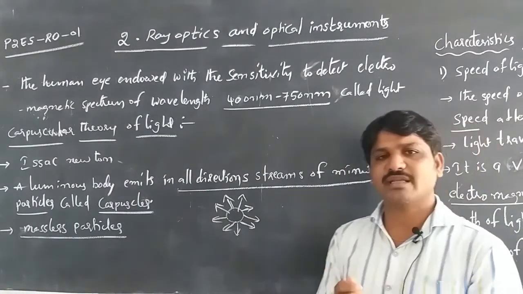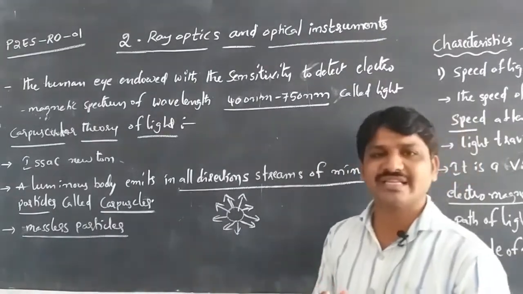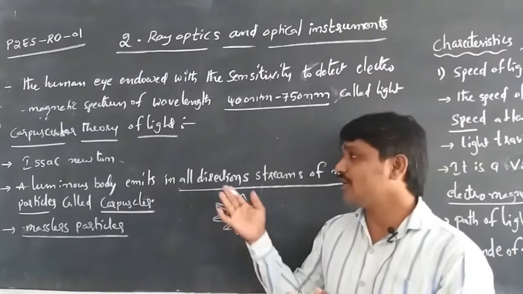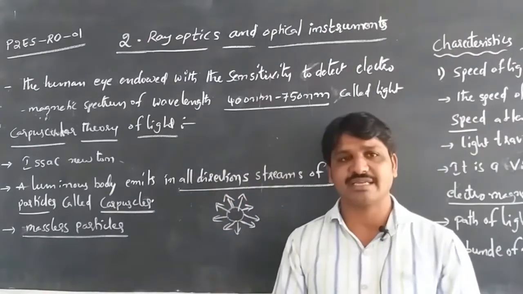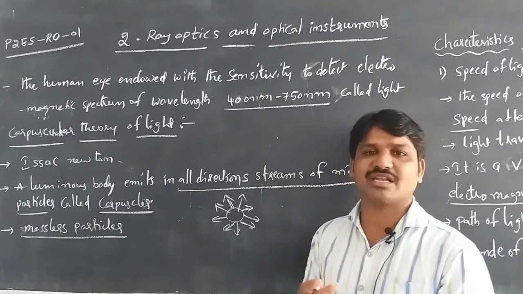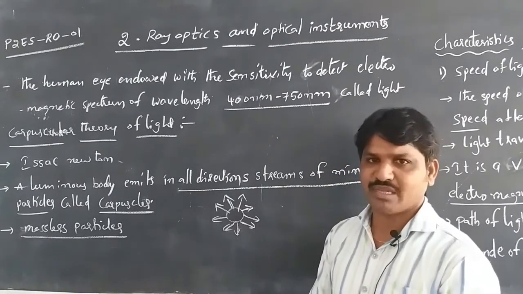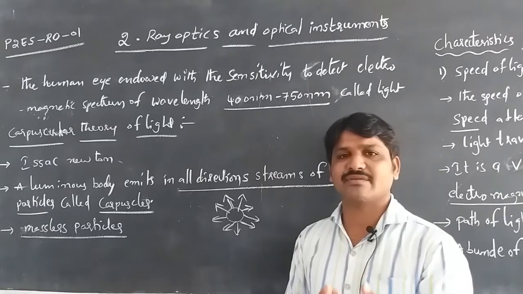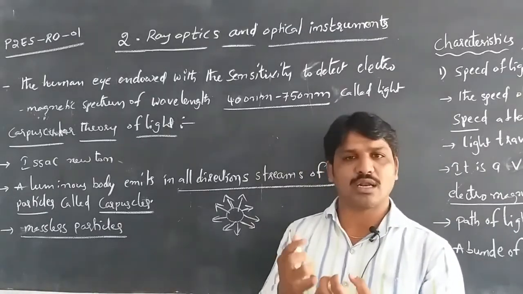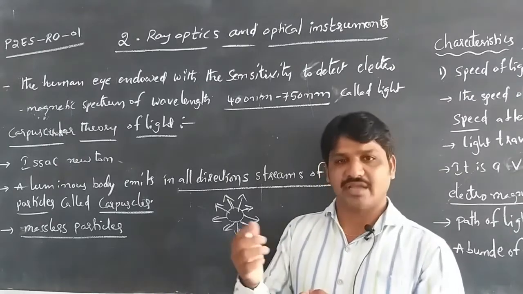Even though light has the enormous speed of nature, according to the corpuscular theory of light, it has more speed in a denser medium than in a rarer medium. Means the light ray has more speed in glass or in water than in air.